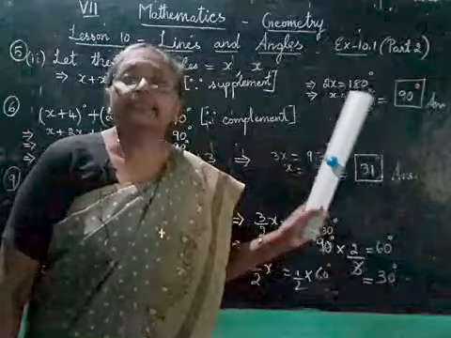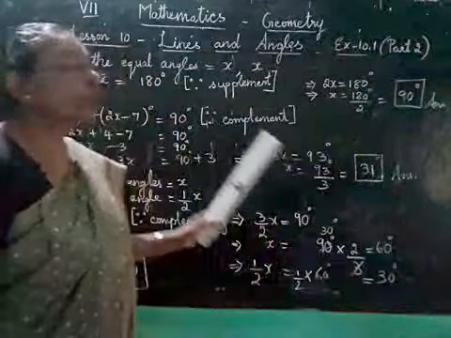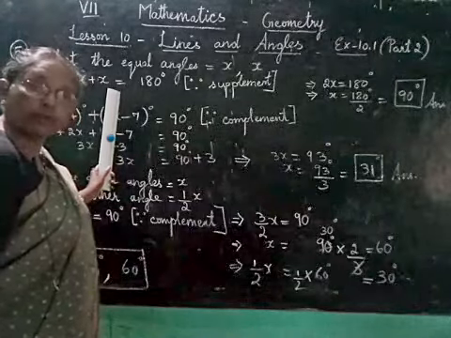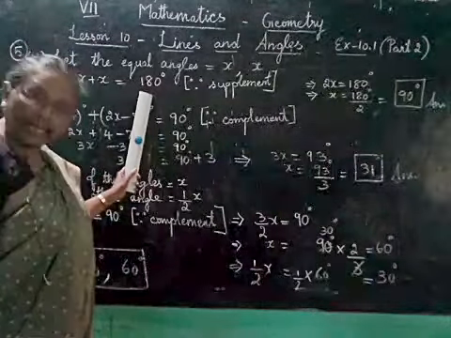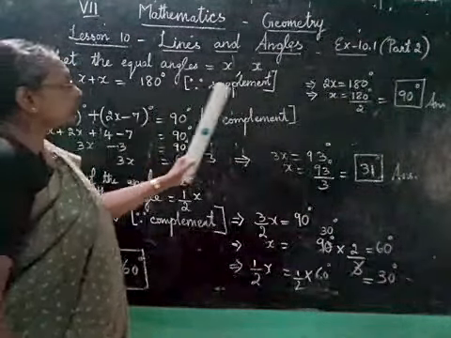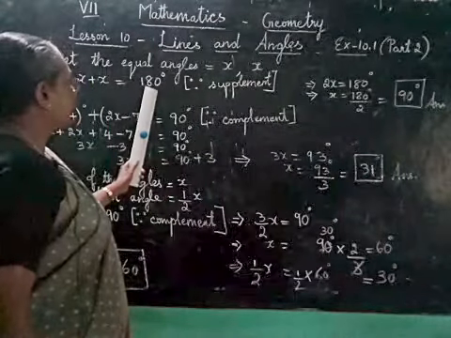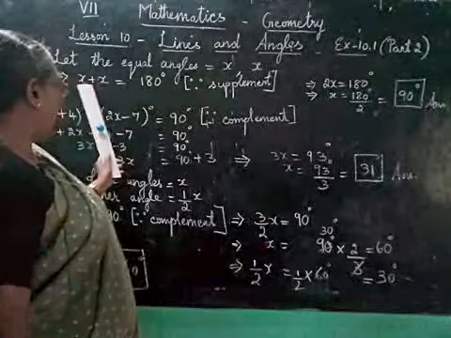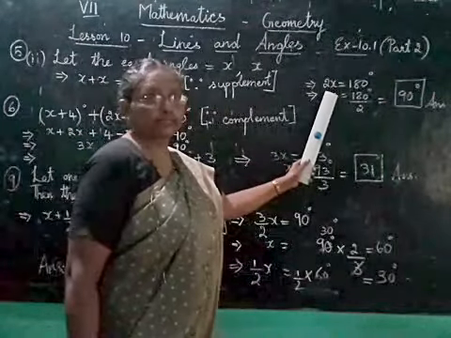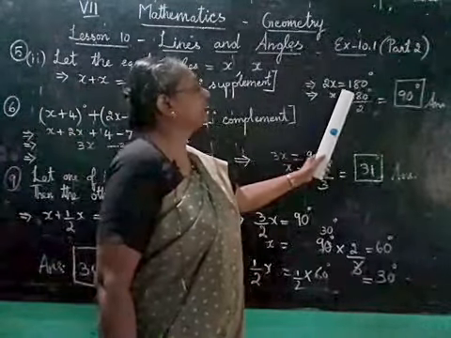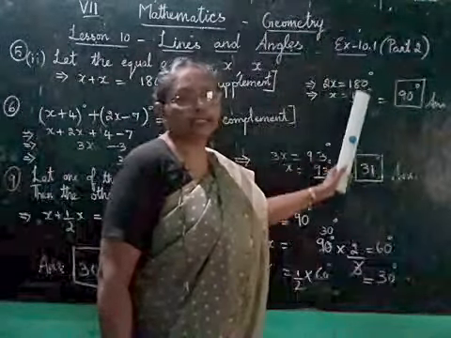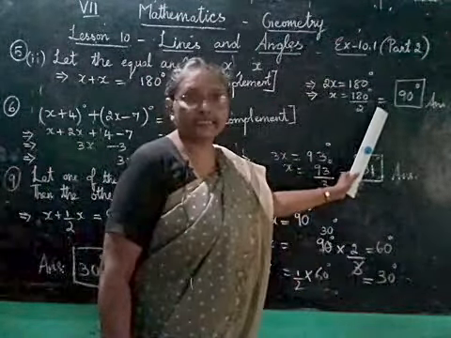We are given they are supplementary angles, therefore x plus x will be, as we learnt in the earlier module, 180 degrees. So x plus x is 180 degrees because they are supplement, and if we add x and x we get 2x. Therefore 2x is equal to 180 degrees. What will be x? x will be equal to 180 by 2, which is 90 degrees.